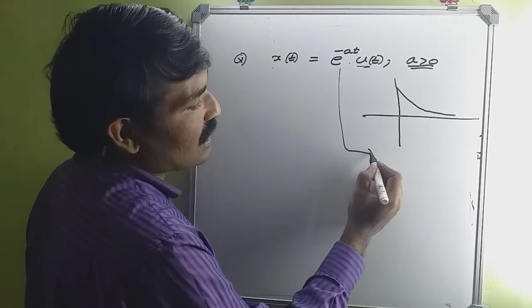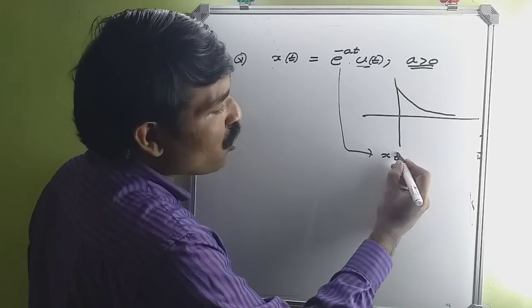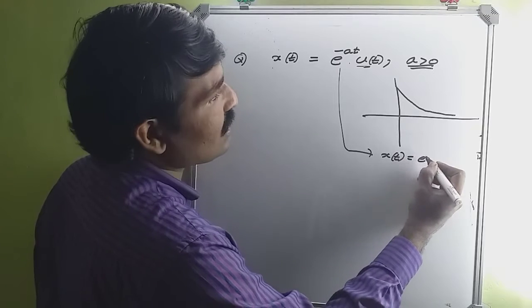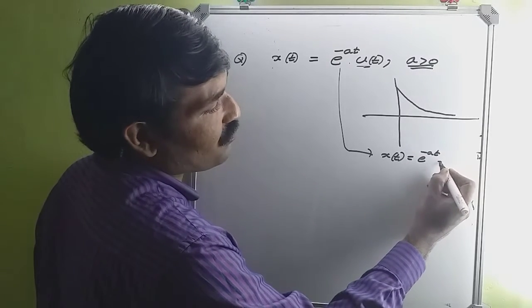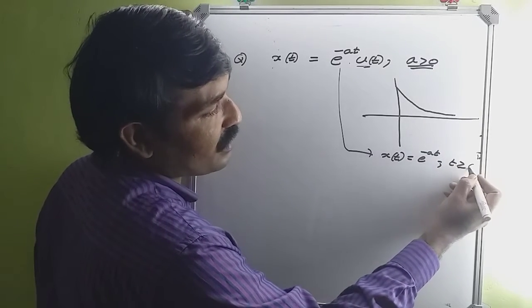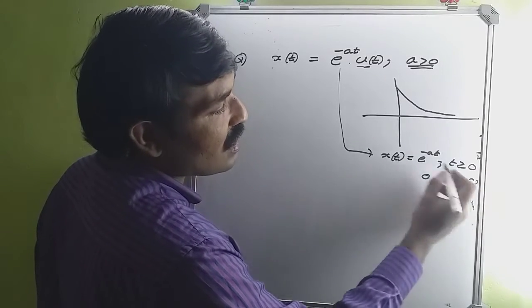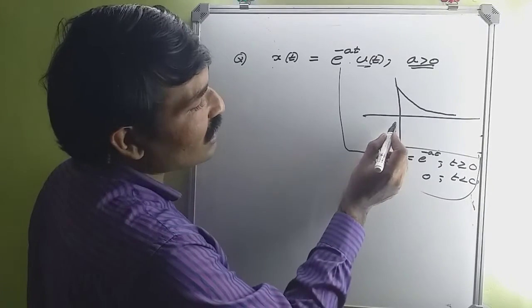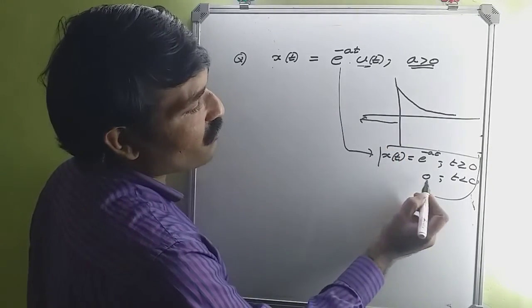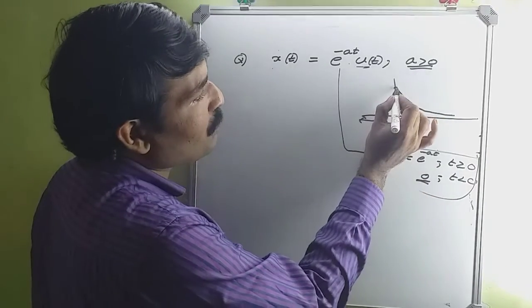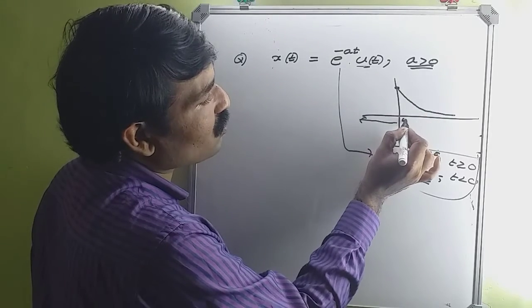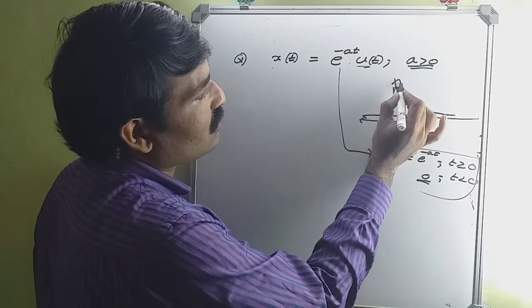So we can represent the signal x of t is equal to e raised to minus at for t greater than or equal to 0 and is equal to 0 for t less than 0. So for the negative time axis, the value of the signal is 0. The peak value of the signal at t equal to 0, that value is 1. This is our x of t.